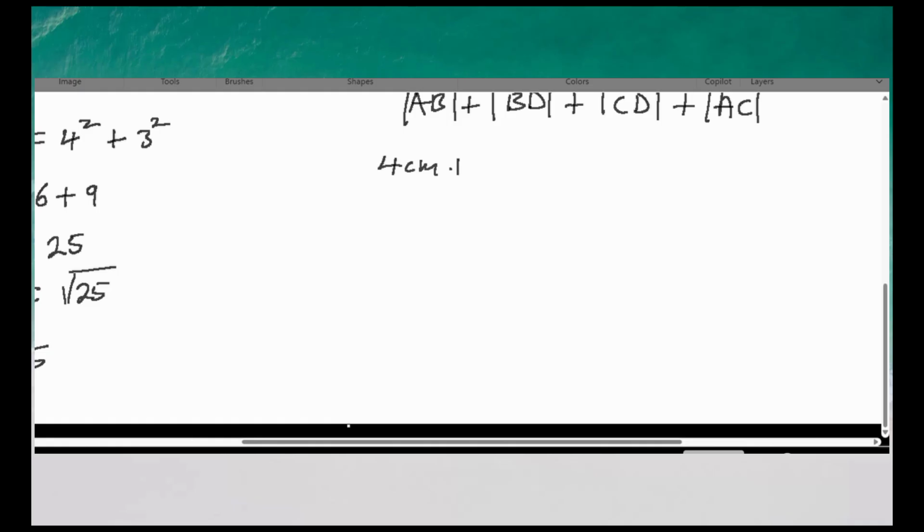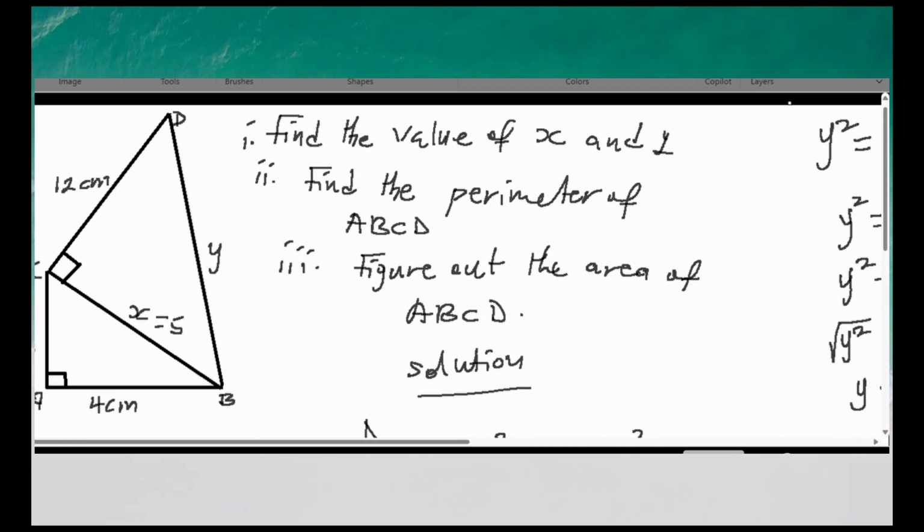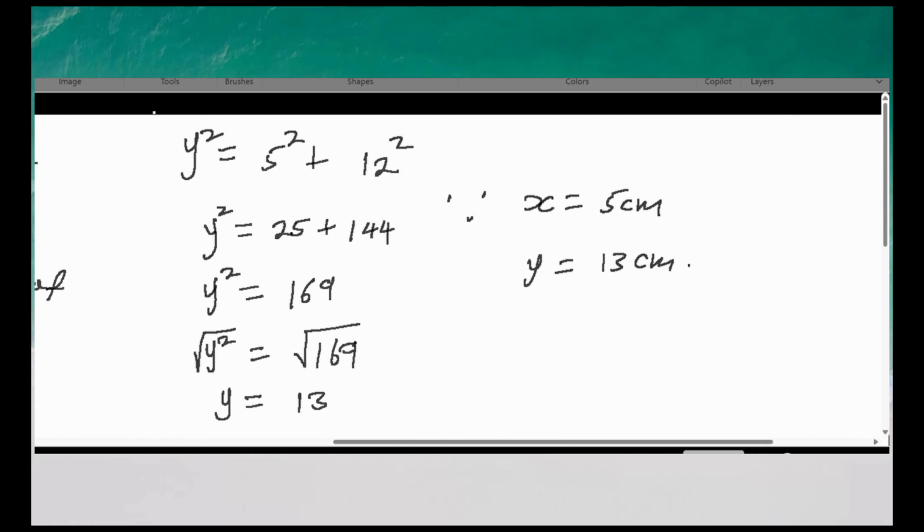4 centimeters plus BD. What's BD from the diagram? From the diagram, BD, which is our Y, we had Y to be equal to what? 13 centimeters. So our BD is 13 centimeters, right? Okay.